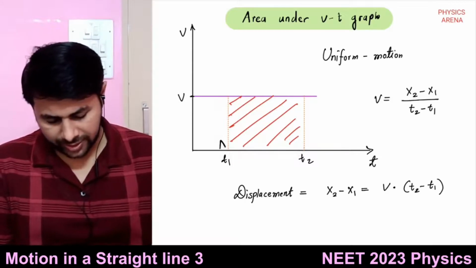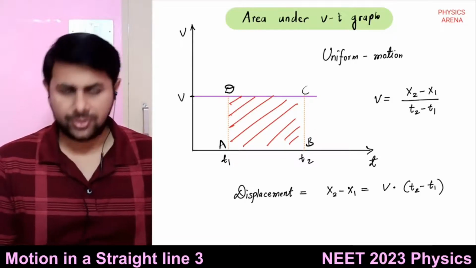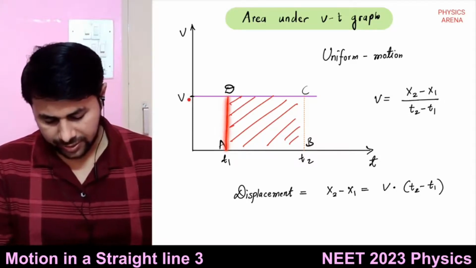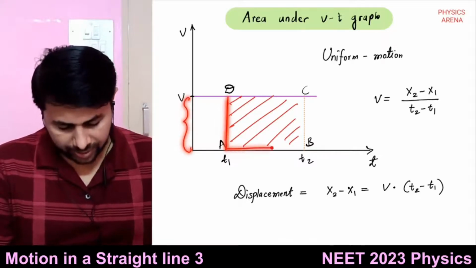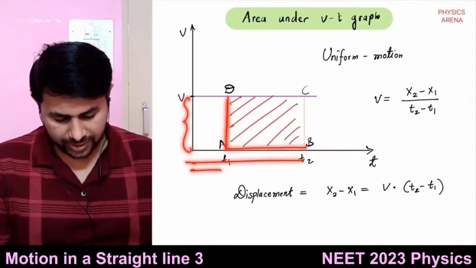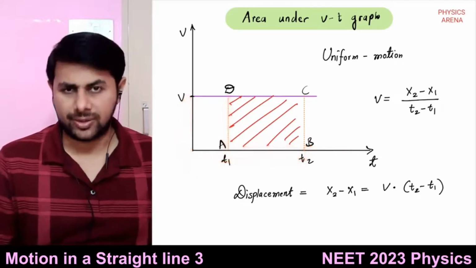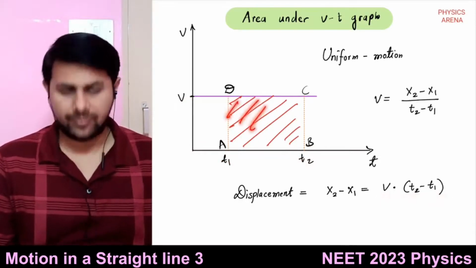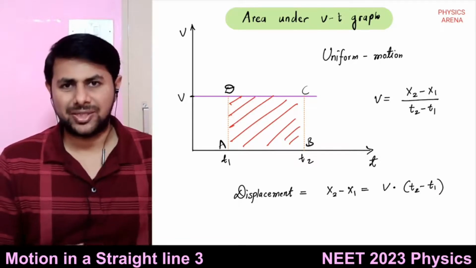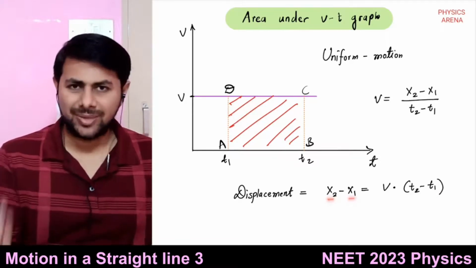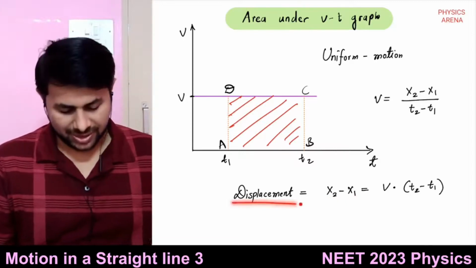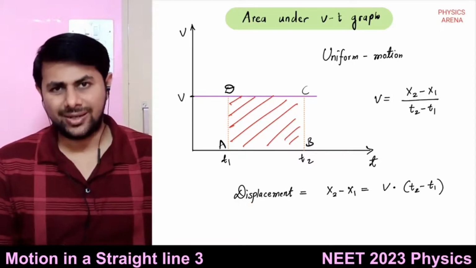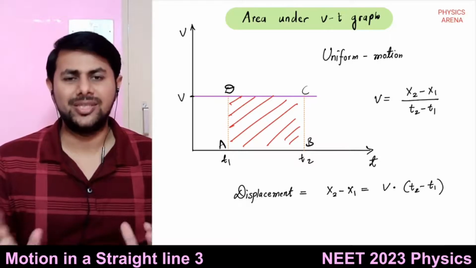Let's call these points A, B, C, D. So the area of rectangle ABCD is V multiplied by T2 minus T1. That gives you the area under this curve. And V multiplied by T2 minus T1 is the change in position, final position minus initial position. That means it is the displacement. So from this we can conclude that the area under the velocity versus time curve gives us displacement.